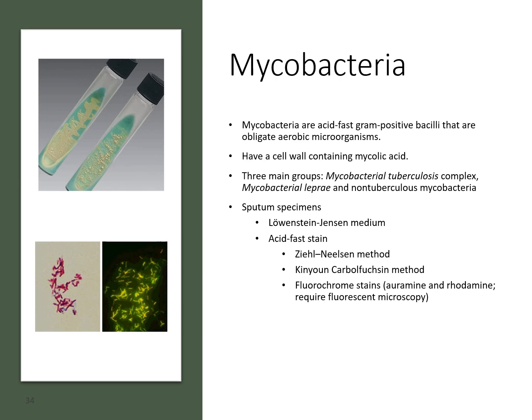You also have acid-fast stains that are done. There are a couple of different staining techniques. With a couple of them, you do not require any sort of fluorescent microscope. However, with the fluorochrome stains, you will require the use of a fluorescent microscope.